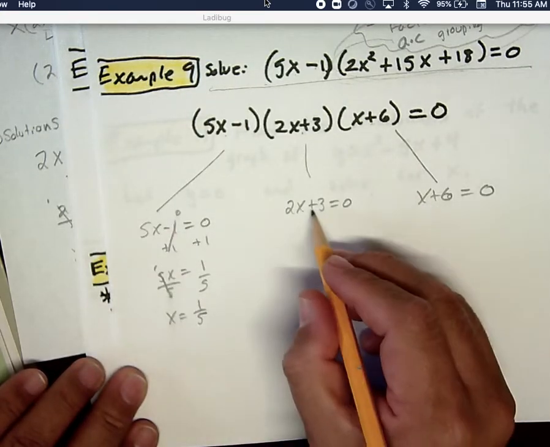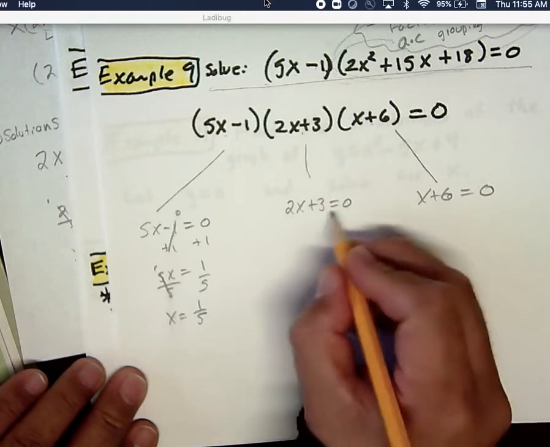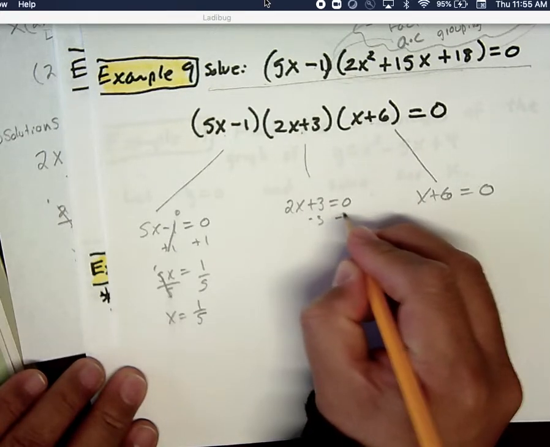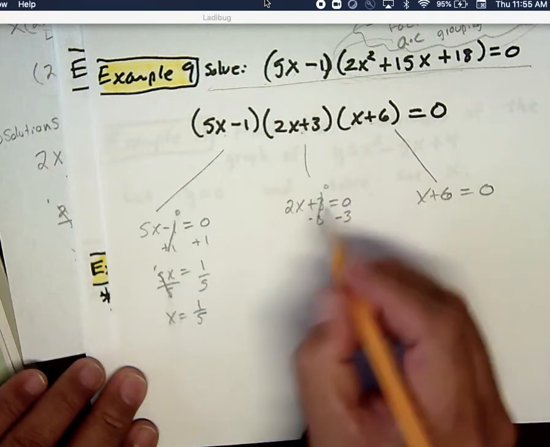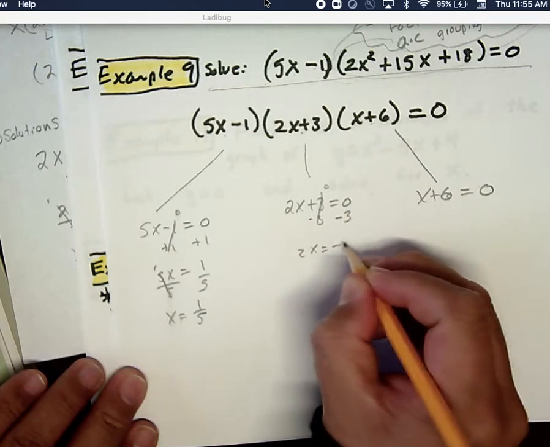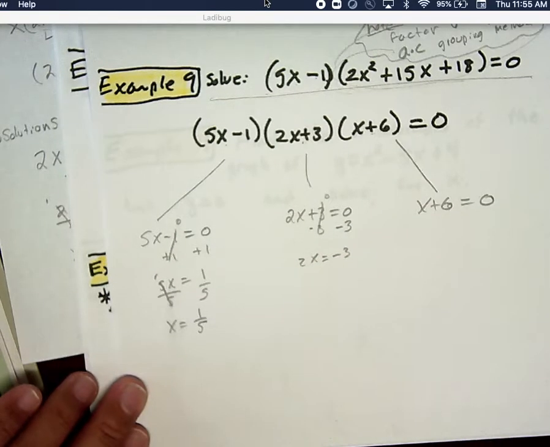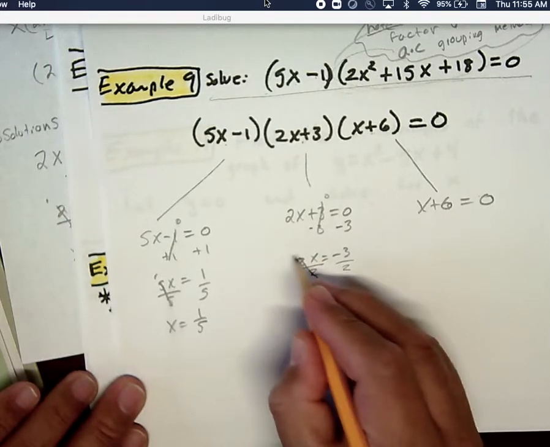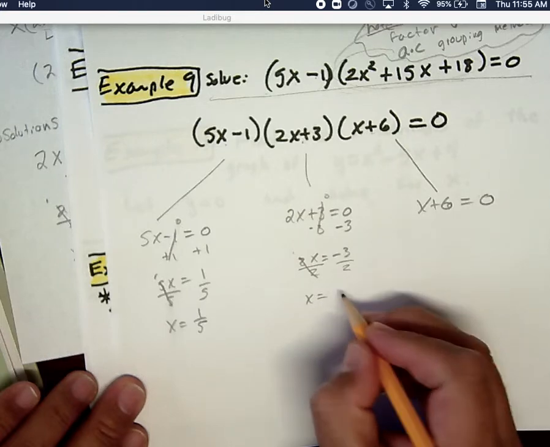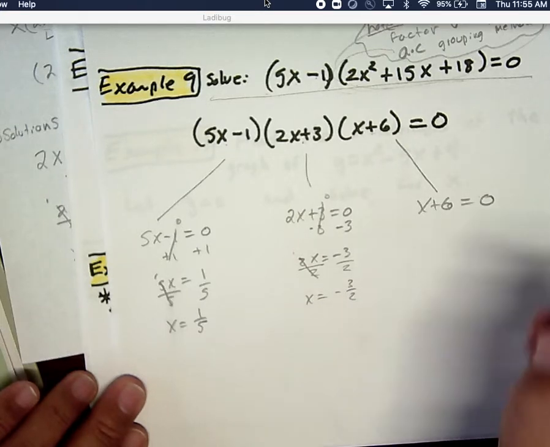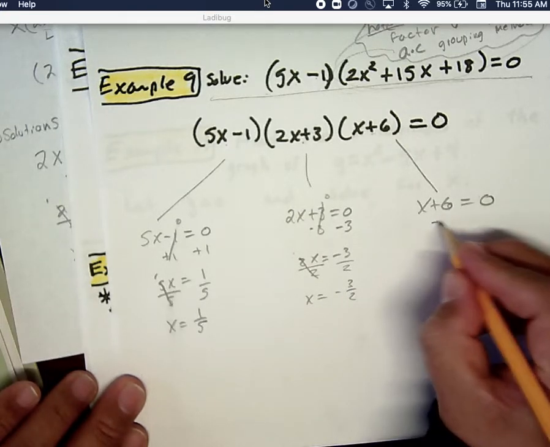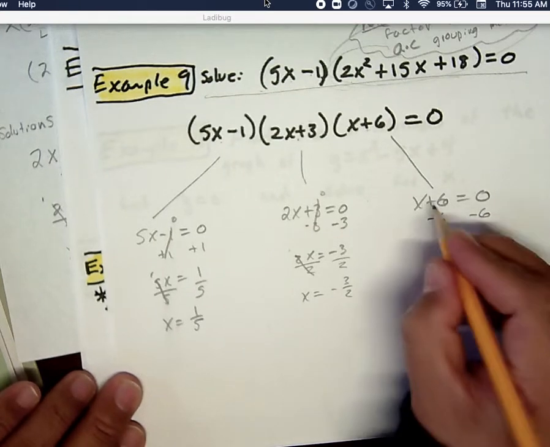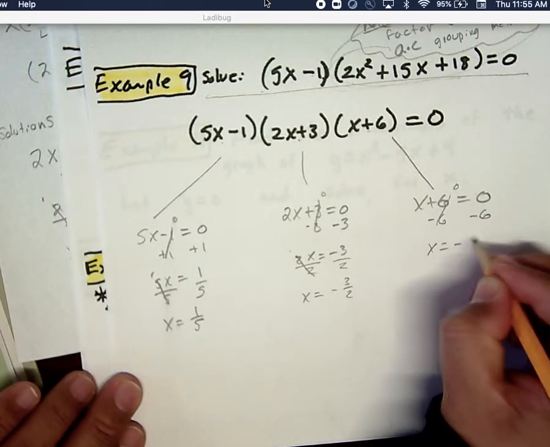And then this one, minus 3, 2x minus 3, divided by 2. So x equals negative 3/2. And this is just minus 6. So x equals negative 6.